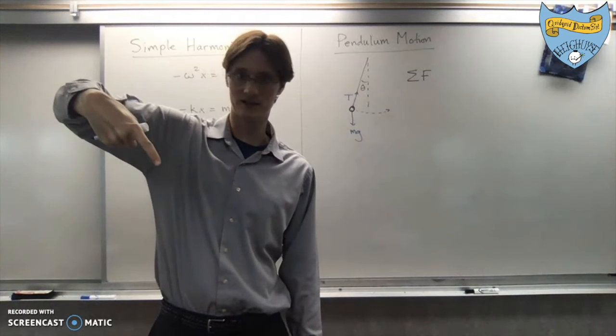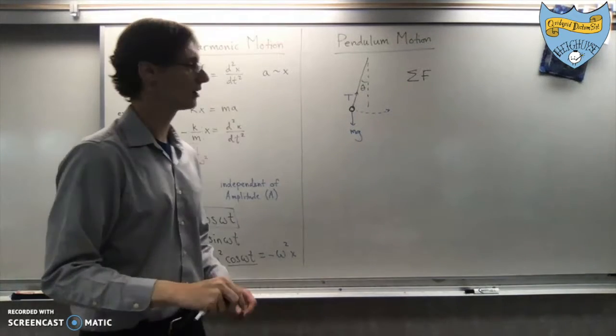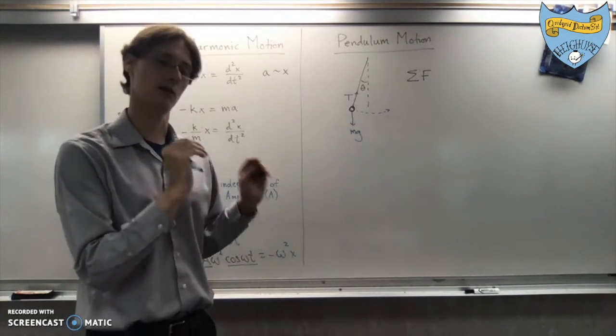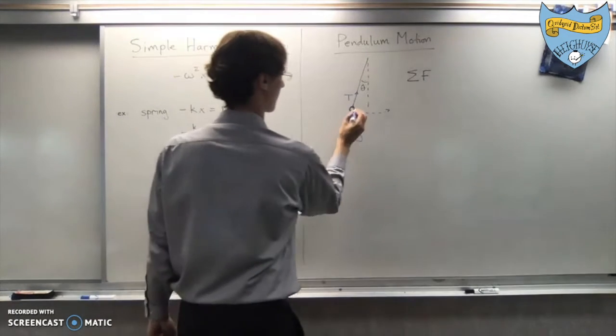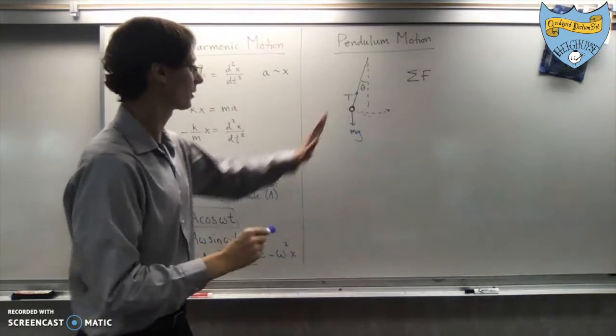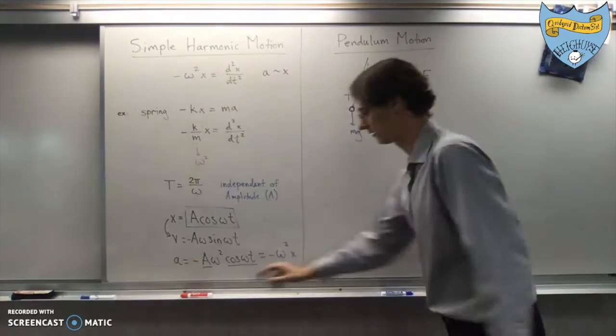At any given moment, it's moving perpendicular to the string. So we have to, instead of talking about just x and y, talk about along a tilted axis. Okay, so we're going to introduce here a tilted axis, right? Perpendicular to the string. I hope that line's perpendicular. Okay.